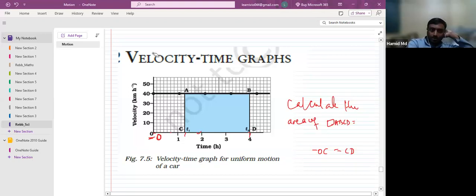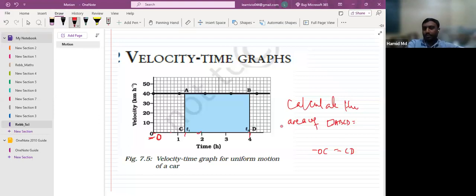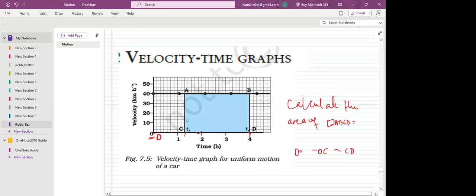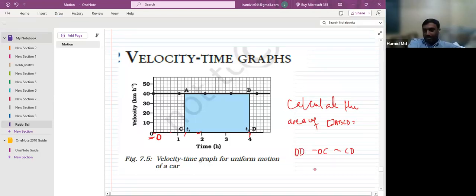This is OD minus OC. So this distance is OD from here to here, and if we subtract this part, we will be getting CD, right? Yeah.